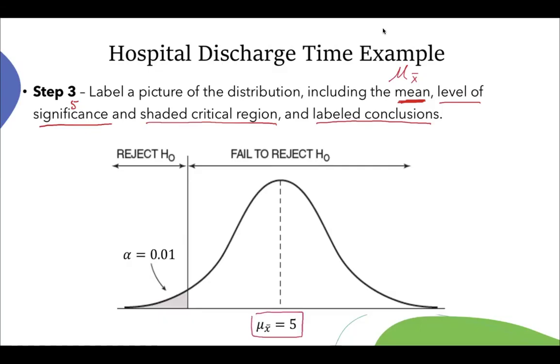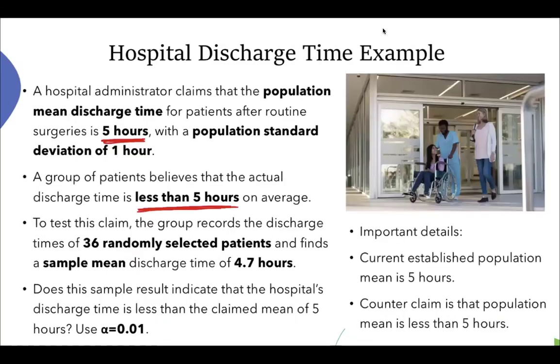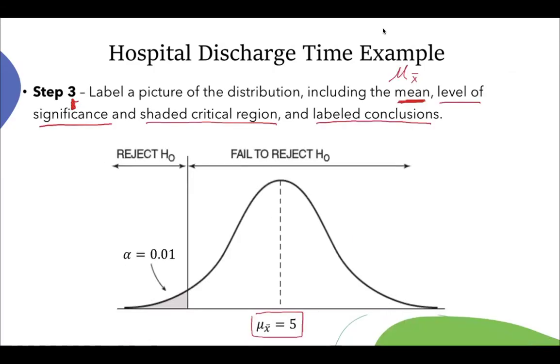We shade the bottommost. Oh, I was wrong about the significance level. Let me go back to the words of the problem. The problem said 0.01. I was wrong about the significance level. It is 0.01, 1%. So we shade the bottommost 1%, the leftmost 1% of the curve.